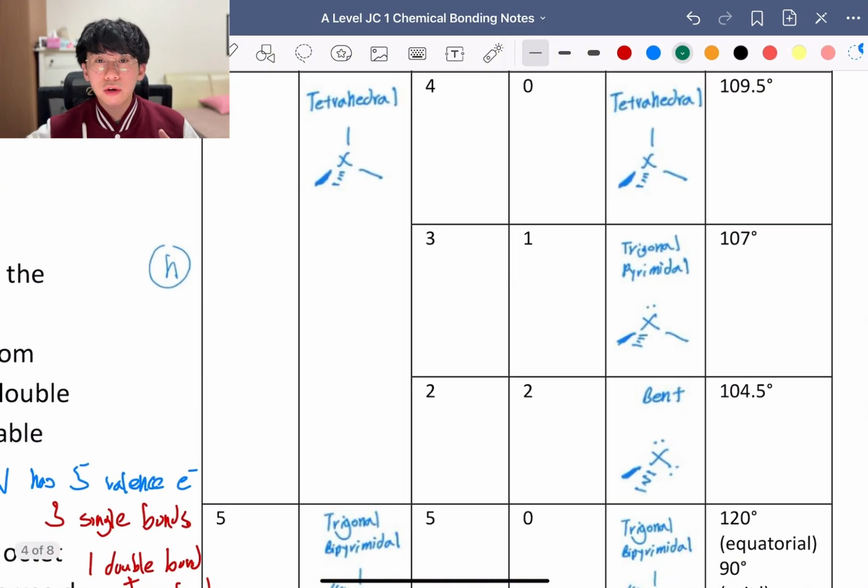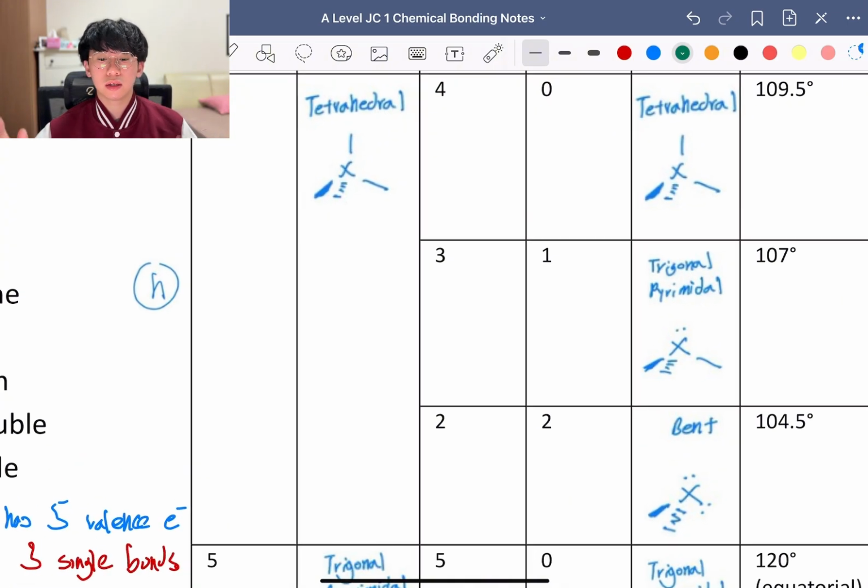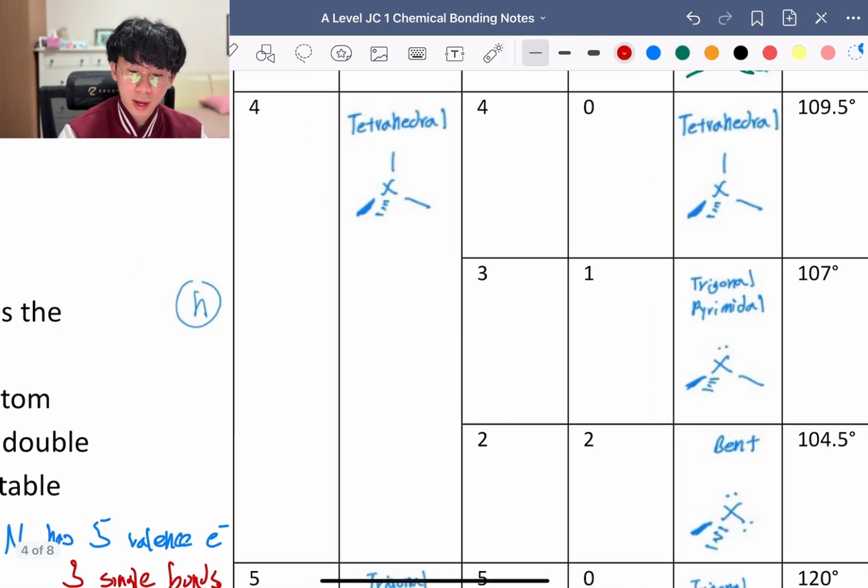Now we go down the list and it starts to become a little bit more 3D. So now it is tetrahedral because there's 4 electron pairs, and in the 3D shape, you will have these little symbols over here where the wedges show that it is going towards you.